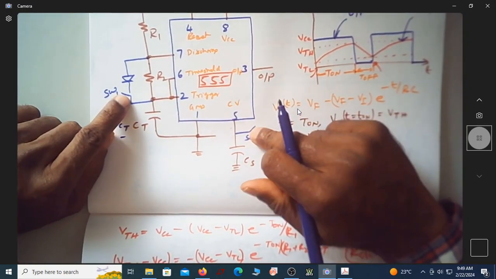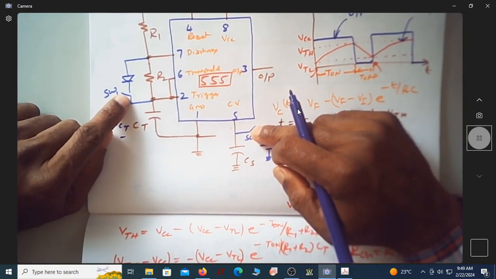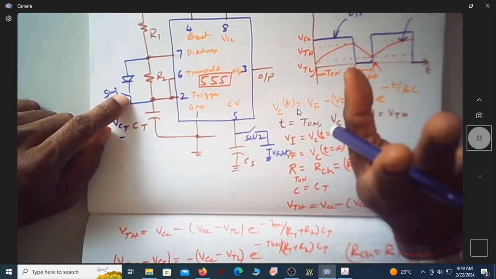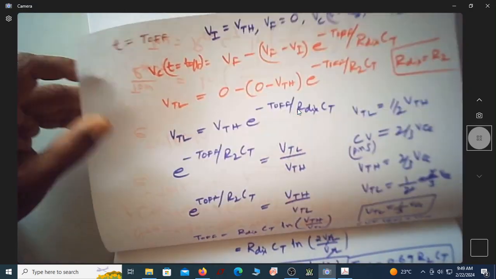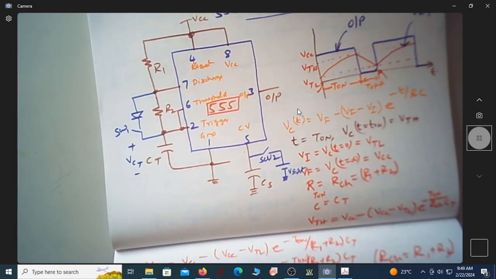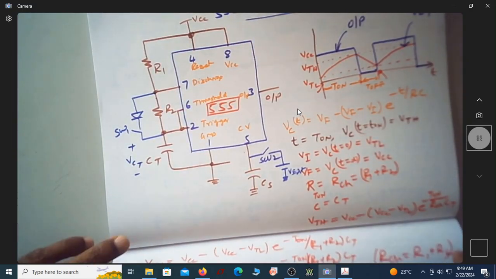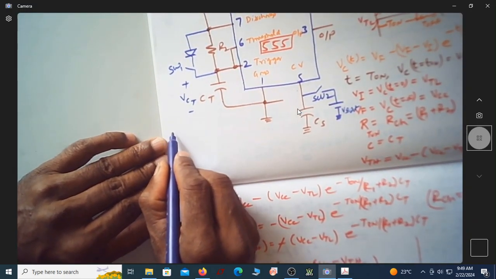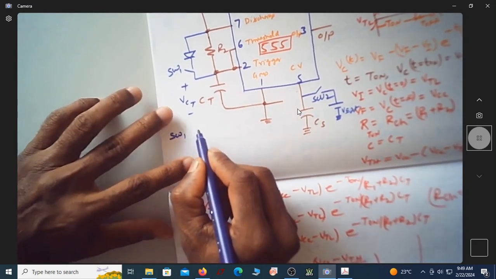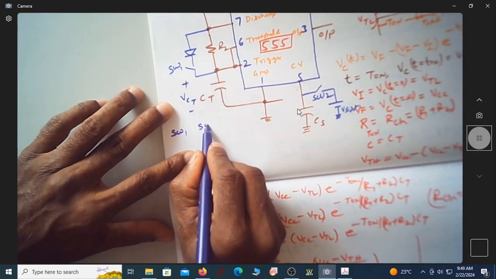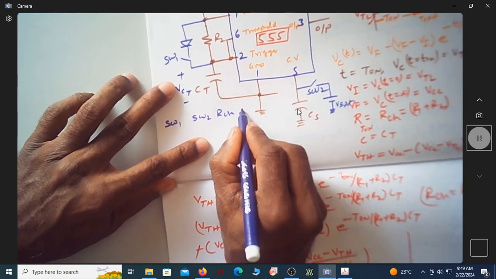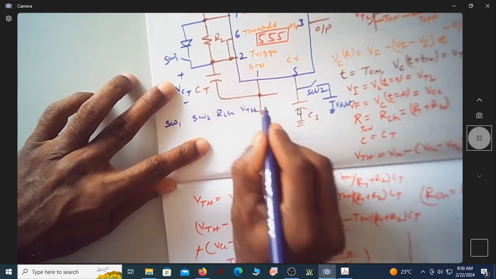If both the switches are open, then what is R charge and what is the control voltage, or what is VTH? Okay, let us try to understand these cases. Let me write it here. This is SW1, this is SW2. Let me say simply R charge and VTH.